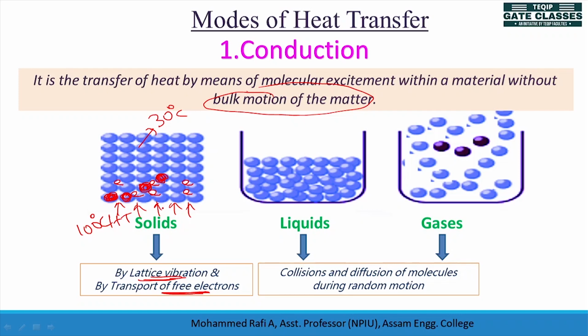Now once I start to heat, what will happen? These molecules, getting heated up, will start vibrating within the lattice. Just imagine five students are sitting on a bench, and if I bring one more student to that bench, what will happen? There will be some vibration. This is what actually happens in conduction. If I heat any solid, the molecules will start vibrating within the lattice.